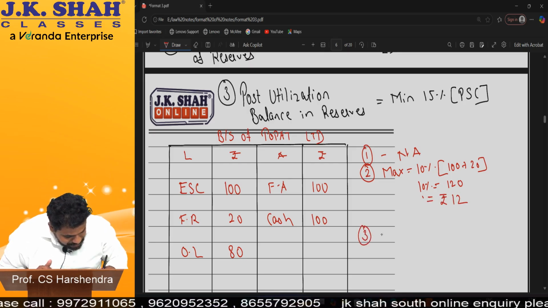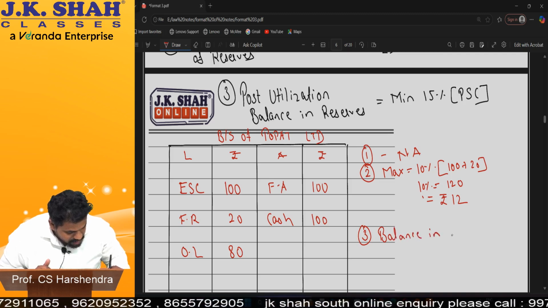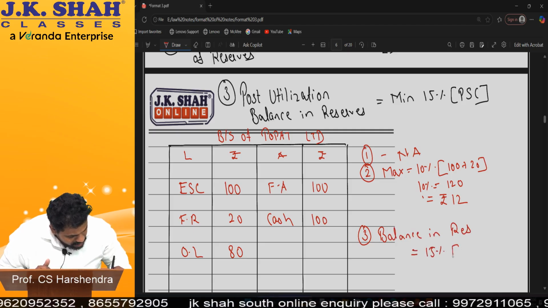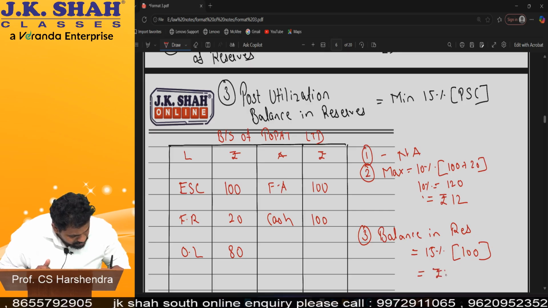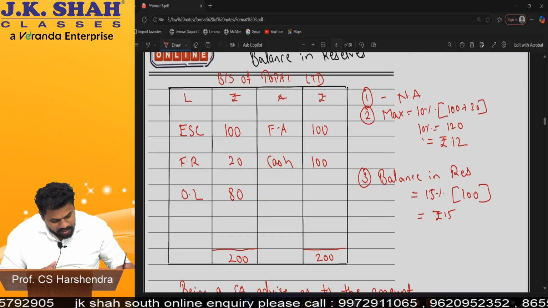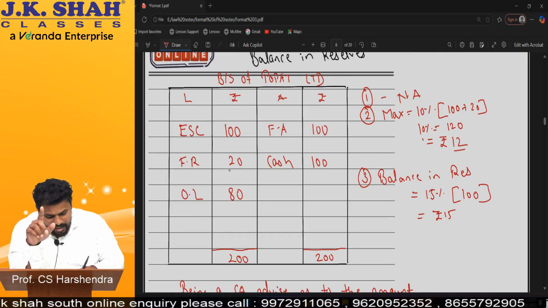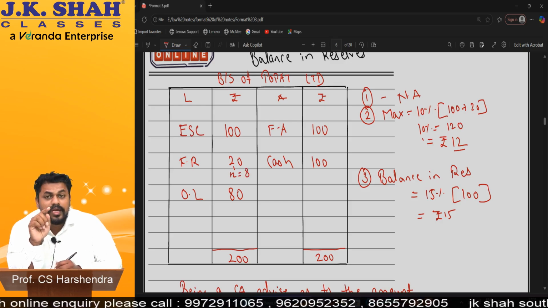Third, balance in reserves should be how much, beta? 15% of paid up share capital, that is 15% of 100, which is rupees 15. Now understand, 12 rupees is the maximum amount which I can take, but if I take 12 rupees, then what is the balance in reserve? 8.